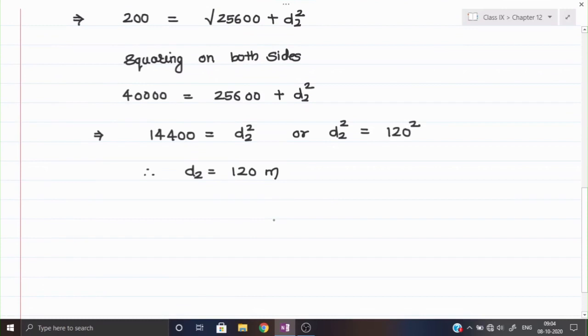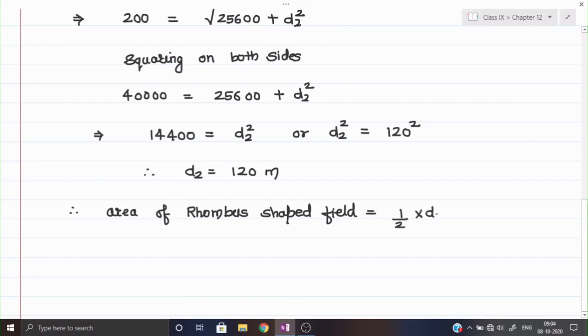Now we shall find the area of the rhombus. Therefore, the area of the rhombus shaped field is equal to 1 upon 2 into d1 into d2.